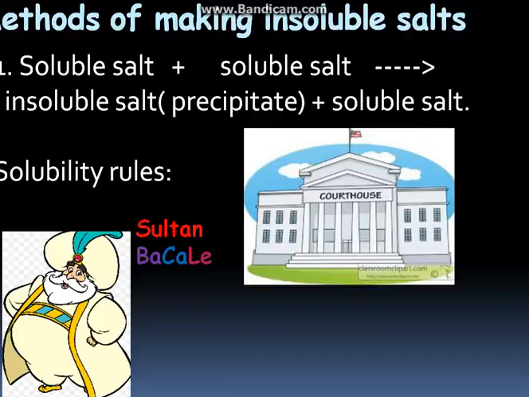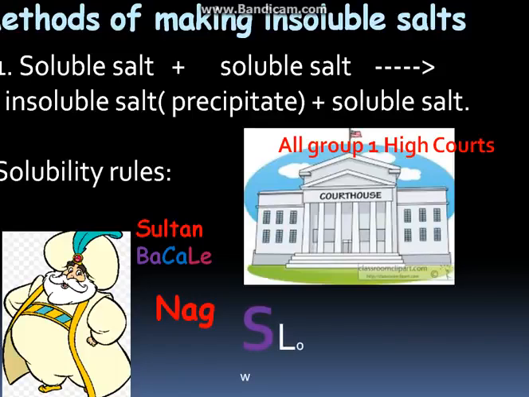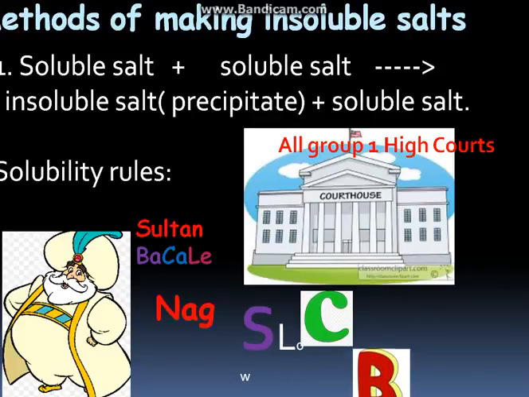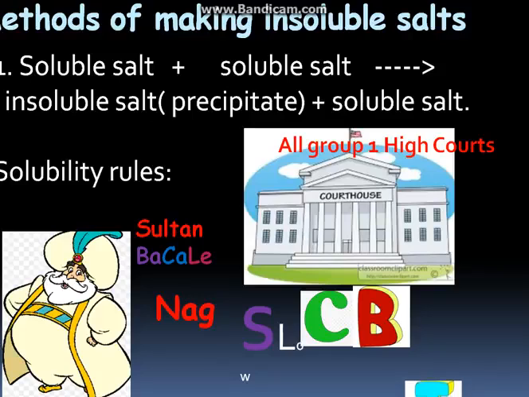Sultan Bakali and all group 1 high courts nag. Whom do they nag? Well, they nag the slow CBIs. So Sultan Bakali and all group 1 high courts nag the slow CBIs.